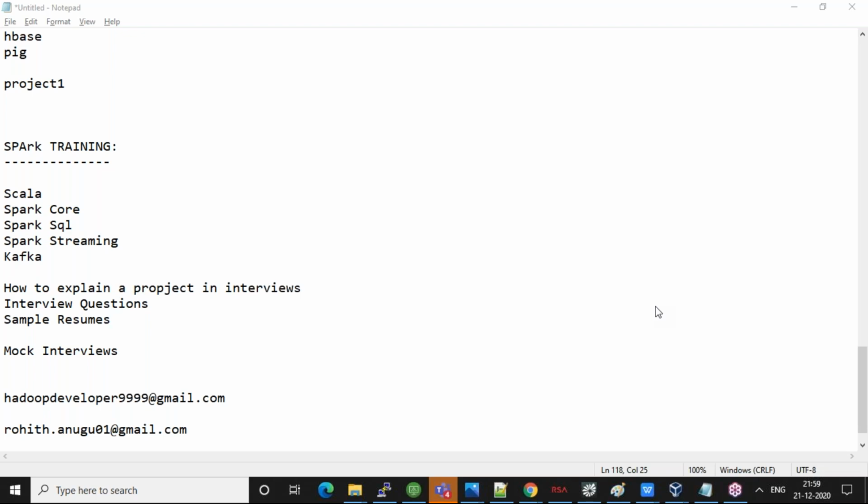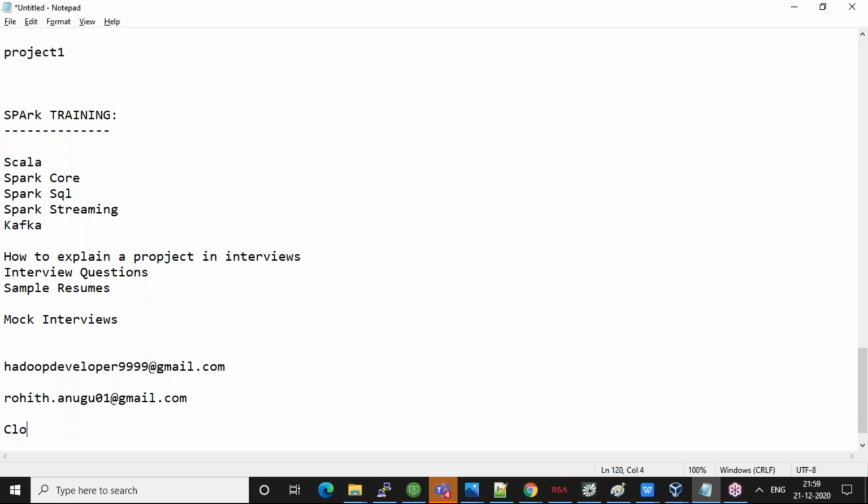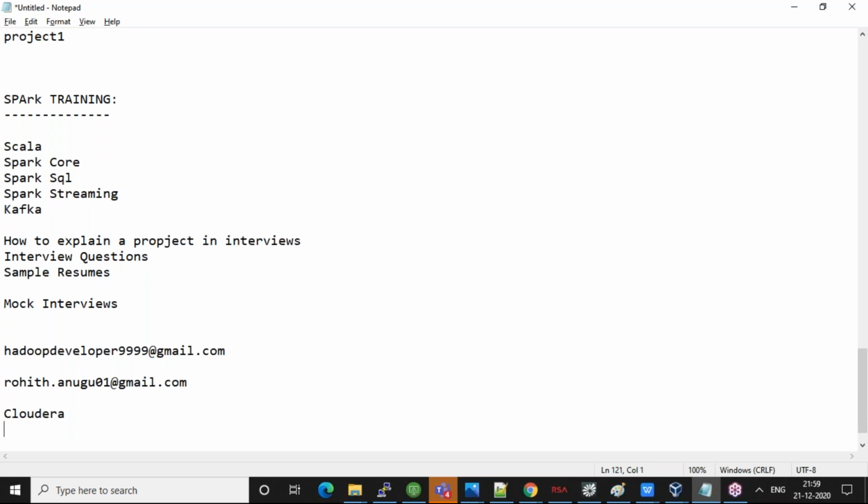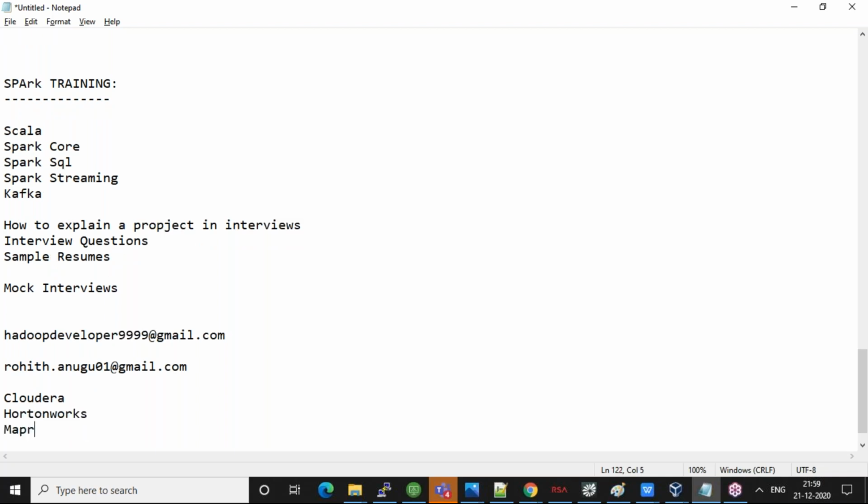First of all, these are not tools, these are distributions. We have a total of 3 distributions available in the current market. First one is Cloudera, second one is Hortonworks, and third one is MapR. There are some differences, and cost wise Cloudera is more expensive compared to Hortonworks and MapR.